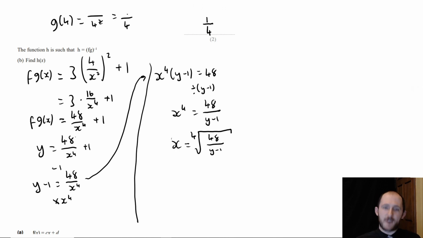Last step, finally, we have h of x. The reason why I'm using h is because in the question it just says it's called h, right? But technically it would be fg minus 1. Either way is completely fine. Yep. What an equation, right?